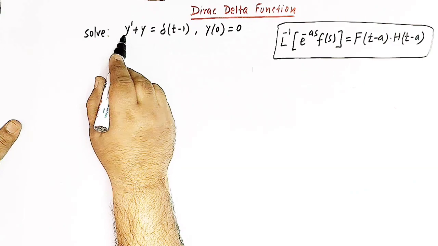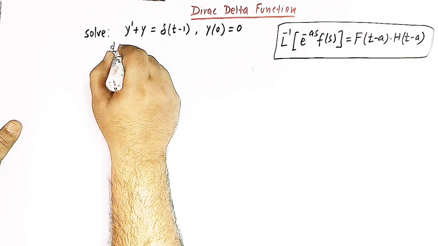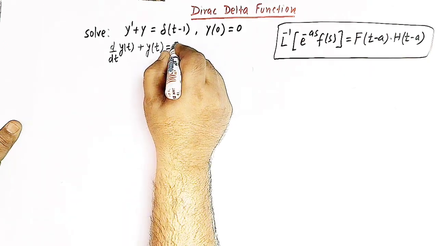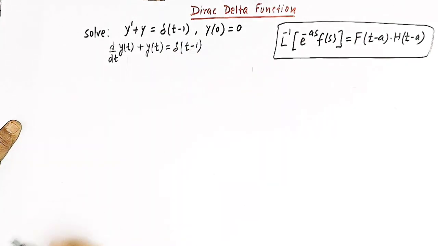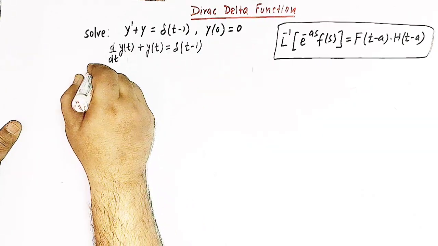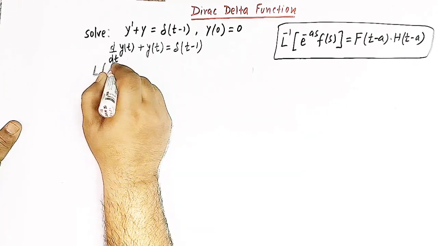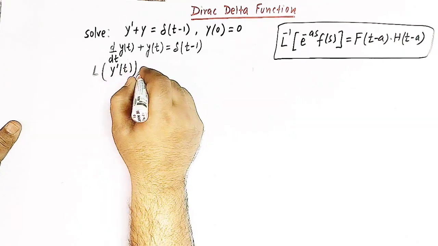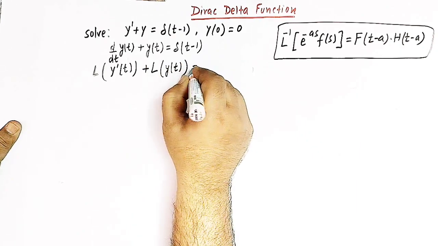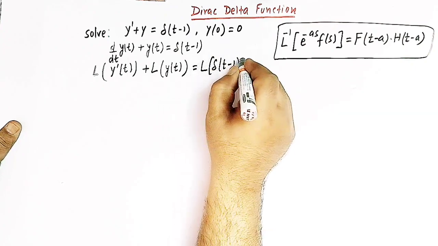Now let us rewrite this differential equation as d by dt of y of t plus y of t equals delta of t minus 1. Let us take the Laplace transform of both sides. The Laplace transform is given by L of y prime of t, plus the Laplace transform of y of t, equals the Laplace transform of delta of t minus 1.